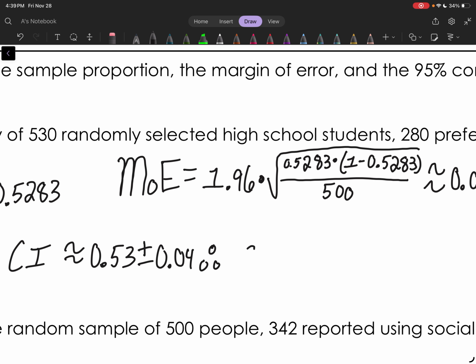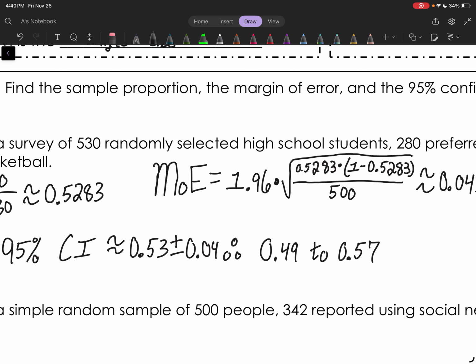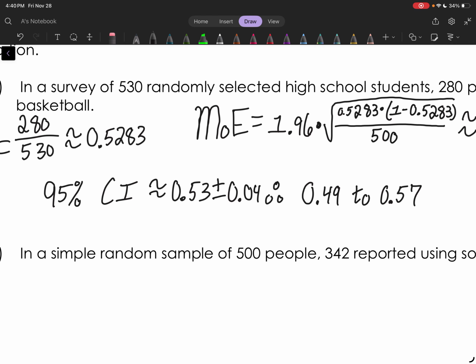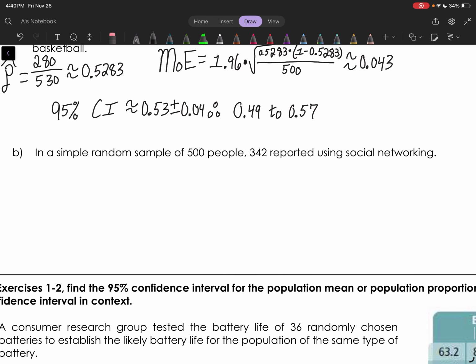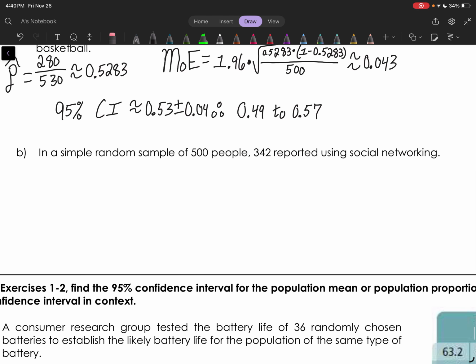Therefore, my confidence interval is 0.49 to 0.57. I think you can get the gist of this from this example. Pause the video and try part B.